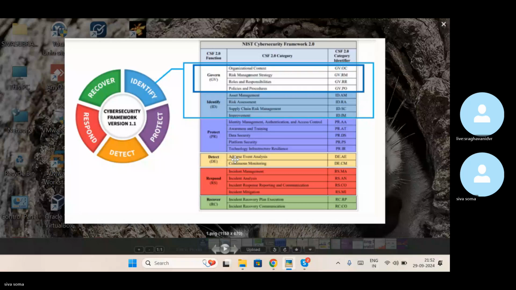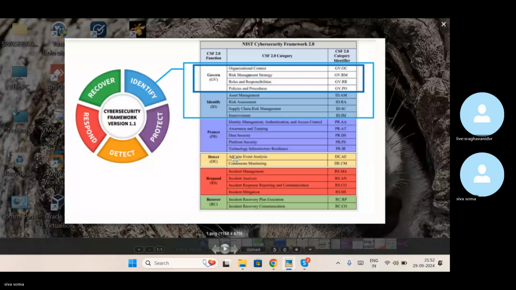Yes. Okay, sir. So there is some small description in it. GV.OC is organizational context under governance. ID.AM means asset management. RA is risk assessment. So these are some symbols to denote and identify the terms properly, right?